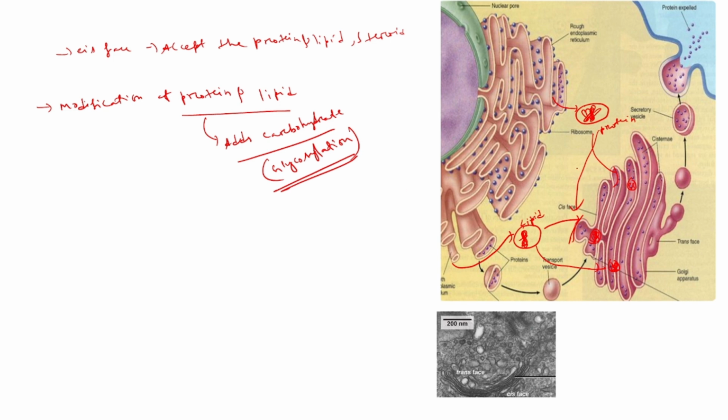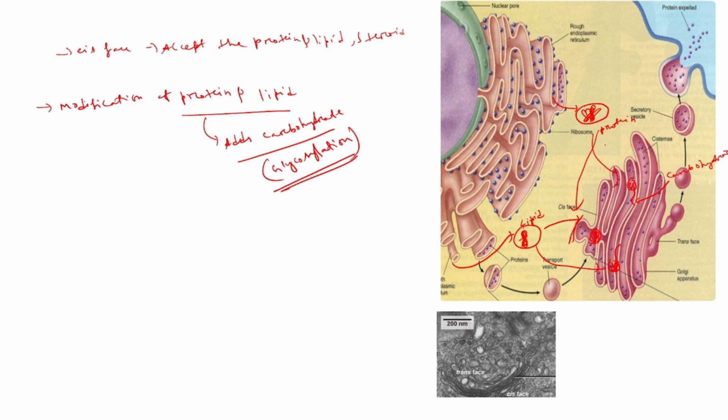So for the protein and the lipid, the main function of the Golgi is that it adds a carbohydrate structure. It modifies the protein and the lipid by adding the carbohydrate, and the process is called glycosylation.